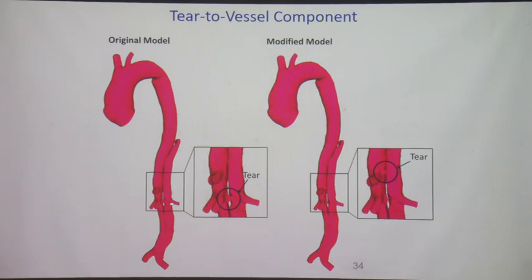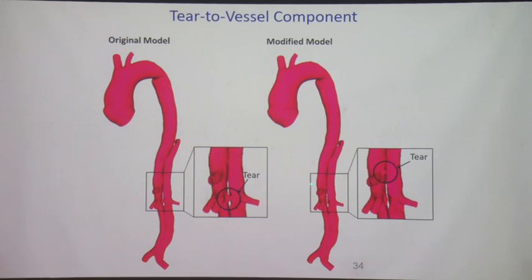What she actually meant is that if you have a zoomed in picture of this region, you can see that there is a tear that communicates the true lumen and the false lumen. But at the same time, in this zoomed in view, you also have a side branch, so a vessel. So this is what she called the tear to vessel component. And this tear is very close to this vessel location where the branching point is.